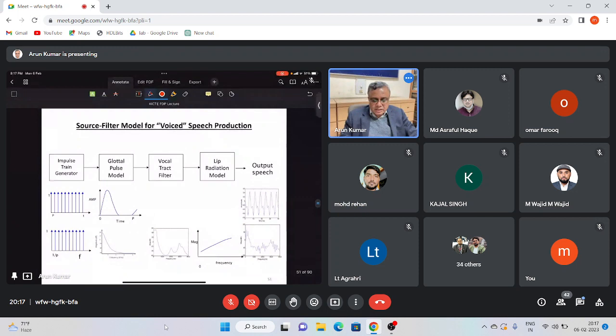So in a nutshell then, this is the overall model, which is called the source filter model for voiced speech production. You have an impulse train generator. The middle panel here shows time domain plots, and the lower panel shows the corresponding spectral plots.